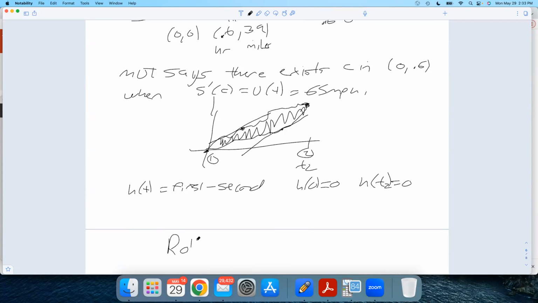Rolle's theorem says if this function is continuous, which it has to be, because the difference of continuous functions is continuous, and if this function is differentiable on the open interval, which it is, because the difference of differentiable functions is differentiable, then Rolle's theorem applies.